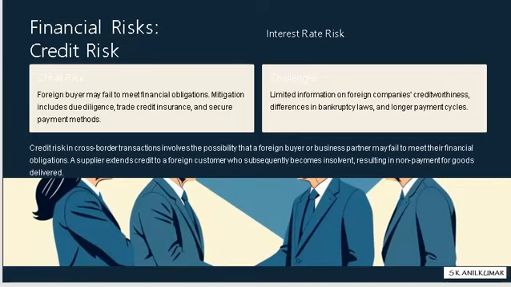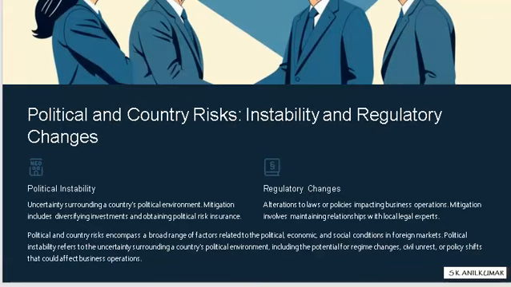Then comes the political and country risk. What is a political risk? The political risk is that the regulation may change because of the political compulsions of the local economy. It could be economic conditions, it could be social conditions. The political instability in a country is the most important form of the political risk.